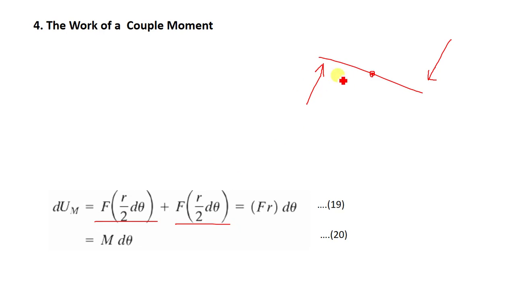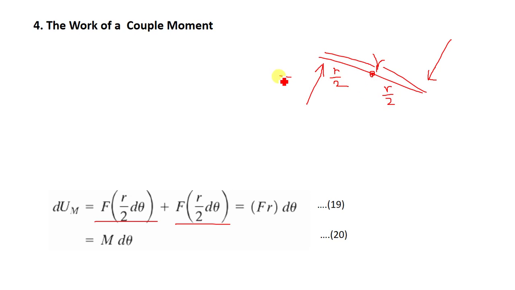If this distance is r, then this first part will just be r divided by 2. This second part will also be r divided by 2.